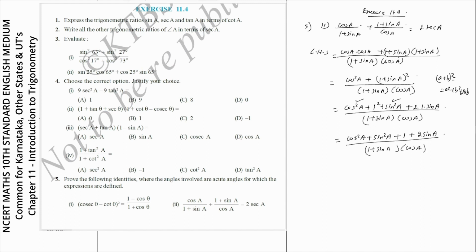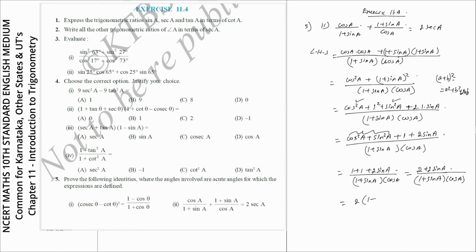Now cos square a plus sin square a, this value is equal to 1. So 1 plus 1 plus 2 sin a by 1 plus sin a into cos a. So this is equal to 1 plus 1 is 2, 2 plus 2 sin a divided by 1 plus sin a into cos a. I'll take 2 common factor in the numerator.